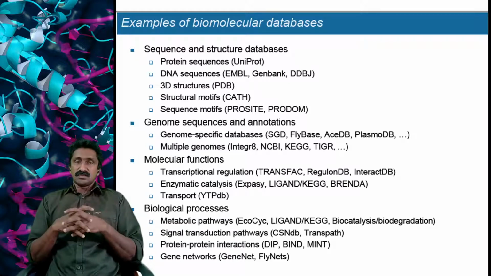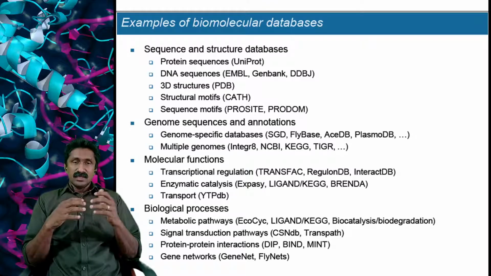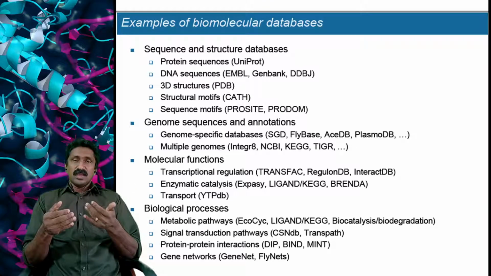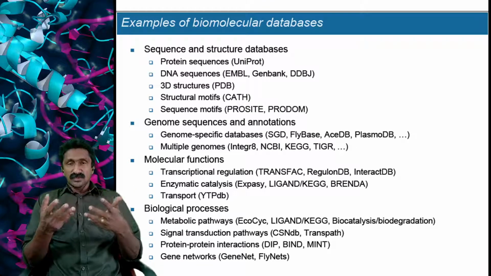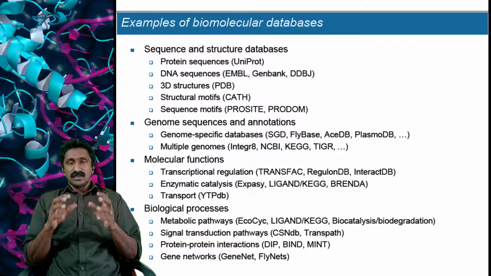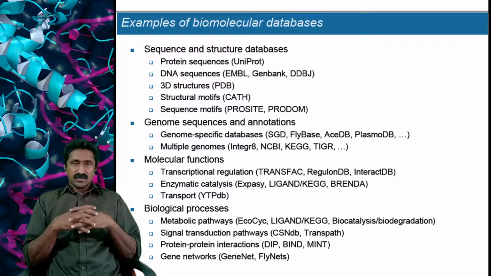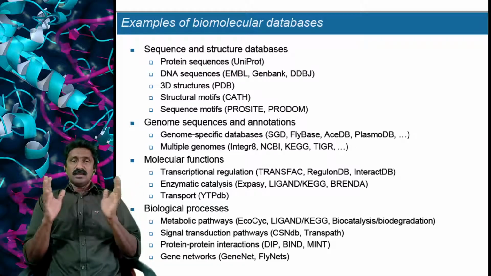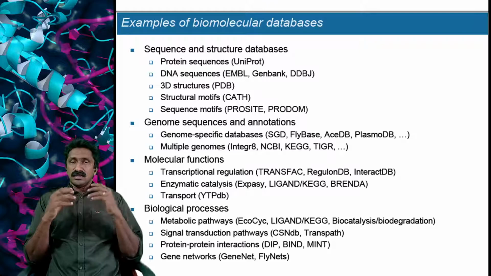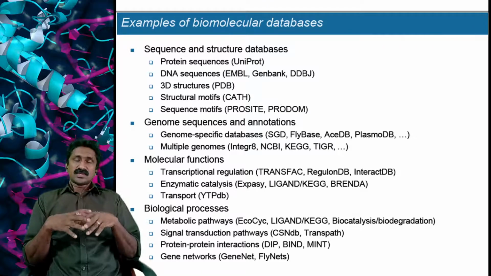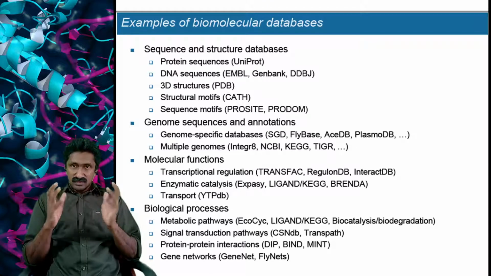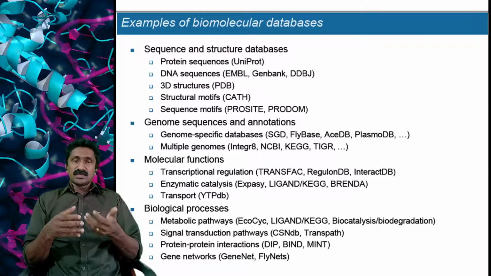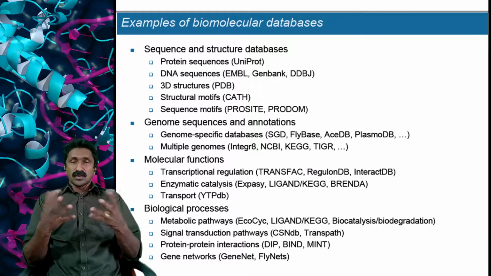Then signal transduction pathways, protein-protein interaction, and gene networks. So there are a lot of databases, maybe thousands of databases for individual specialized functions. Basically, we have sequence and structure databases, then entire genome collections, then databases based on molecular functions, and another one, databases based on biological process information.